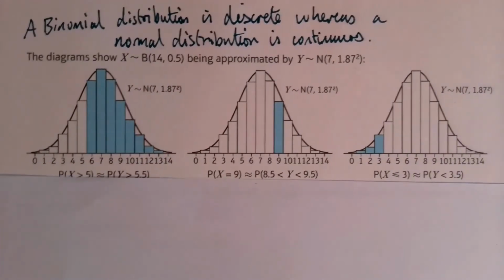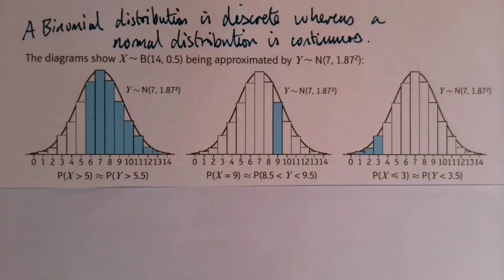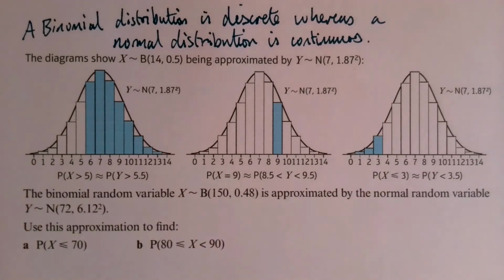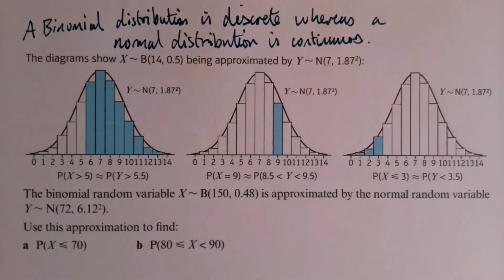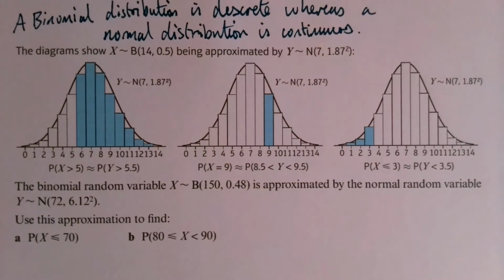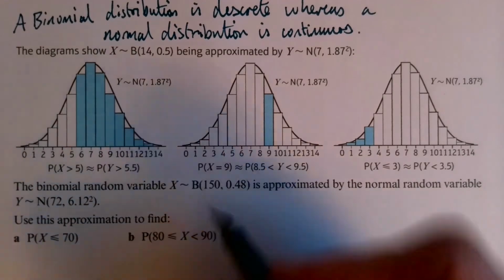Right, you're probably wondering what I was keeping hidden under here. Very exciting, it's our next example. So our binomial random variable, have a little look at it, pause the video, and then see how you've got on. So here they've already done the n p stuff.